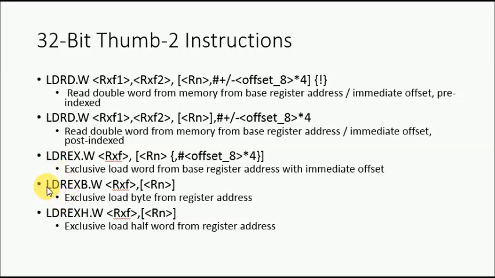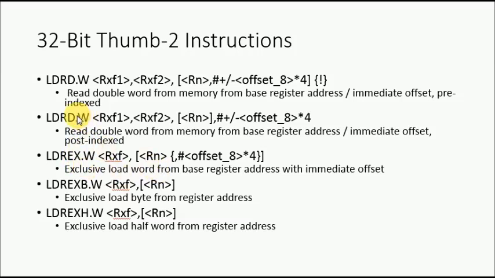LDREXB.W Rxf comma Rn. So exclusive load byte from the register address. So it's a very simple instruction. Exclusive load of the half word from the register address. So H indicates the half word, B indicates the byte. Then here the word is transferred, here a double word is transferred.